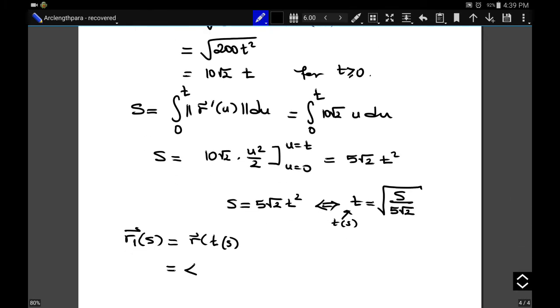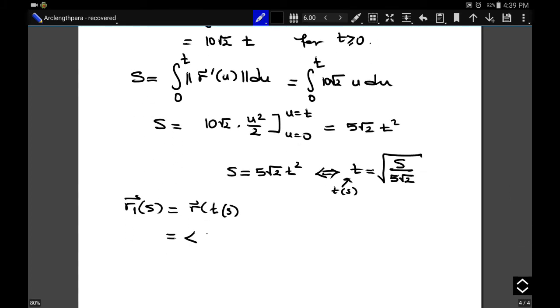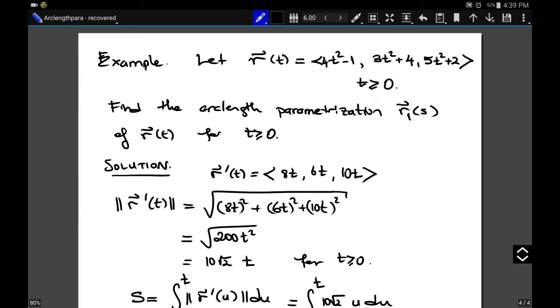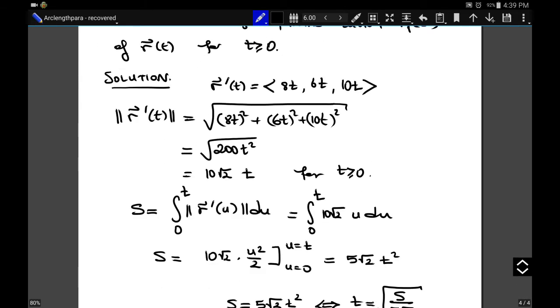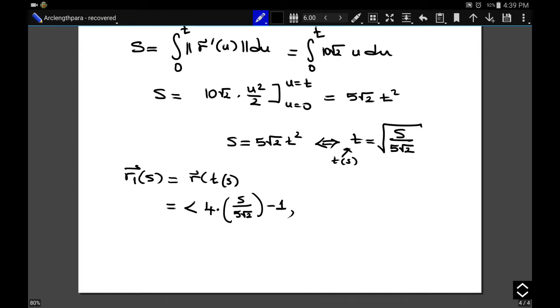So 4t squared minus 1. I need t squared, right? t squared becomes s over 5 root 2. So 4 times s over 5 root 2 minus 1, and the next one is 3t squared plus 4, right? t squared is s over 5 square root 2, so 3 times that plus 4.